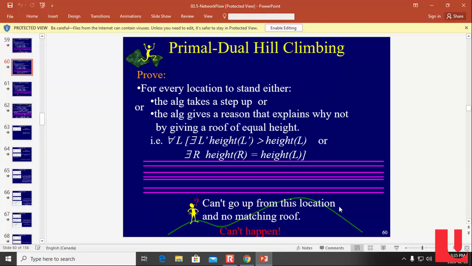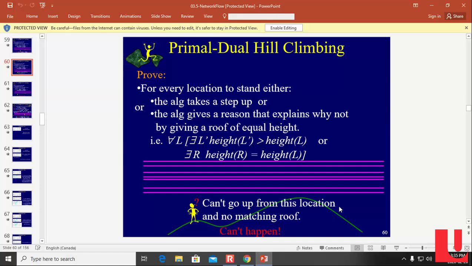So I keep getting a better and better place to stand until I get a matching roof. Now I have a place to stand and a roof that are equal. I have a solution to the dual and a solution to the primal. The primal is maximizing some value, and the dual is minimizing some value. And the max primal equals the min dual.